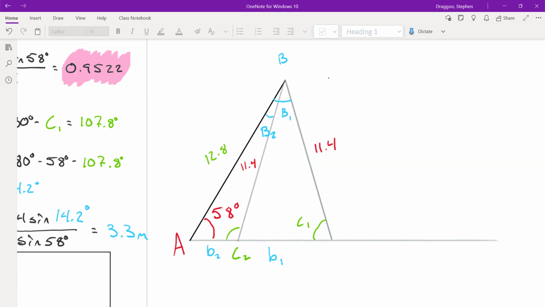And then I've labeled them C1 and C2. C1 is the acute angle that's part of a larger triangle, and C2, the obtuse angle, is part of a smaller triangle. And B1 and B2 are also labeled up there at the top.